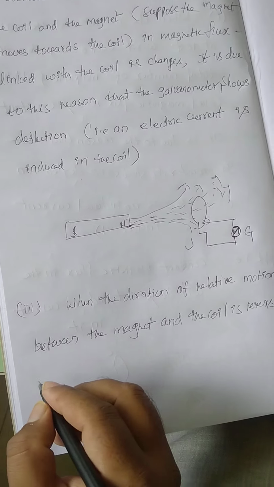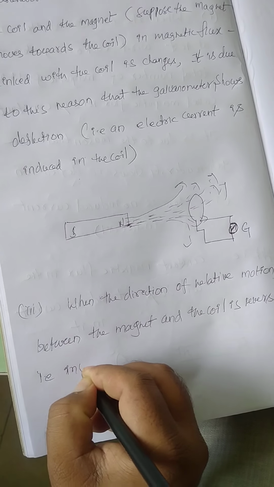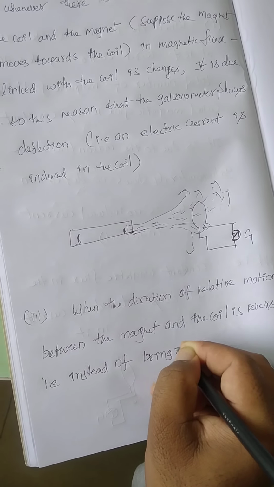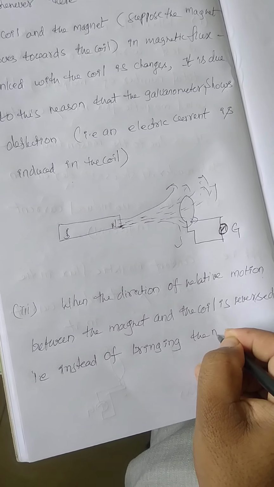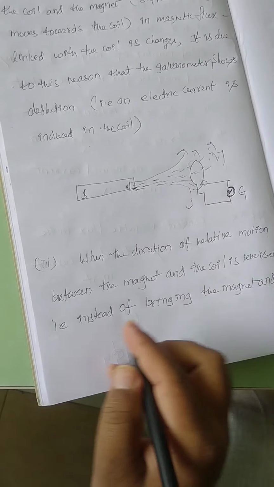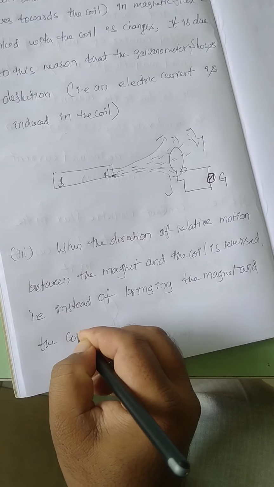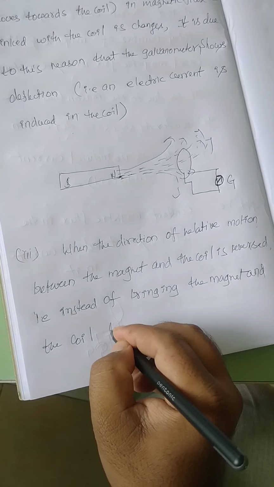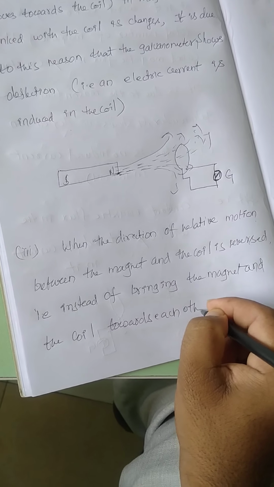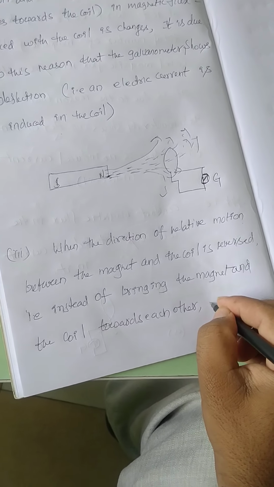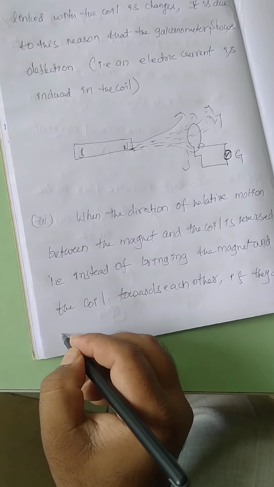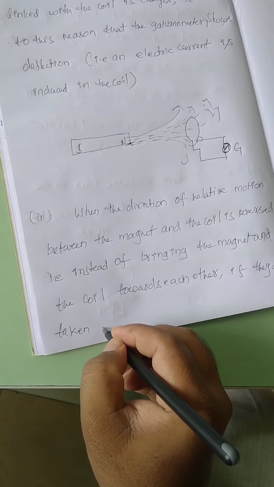So instead of bringing the magnet and the coil towards each other, if they are taken away from each other.